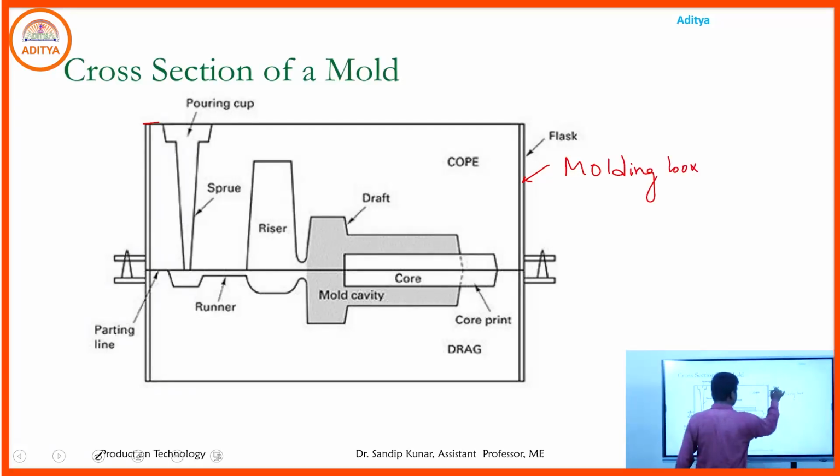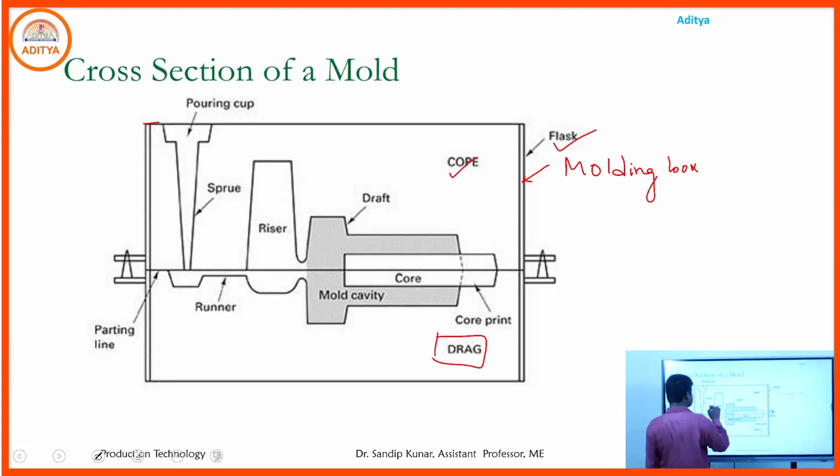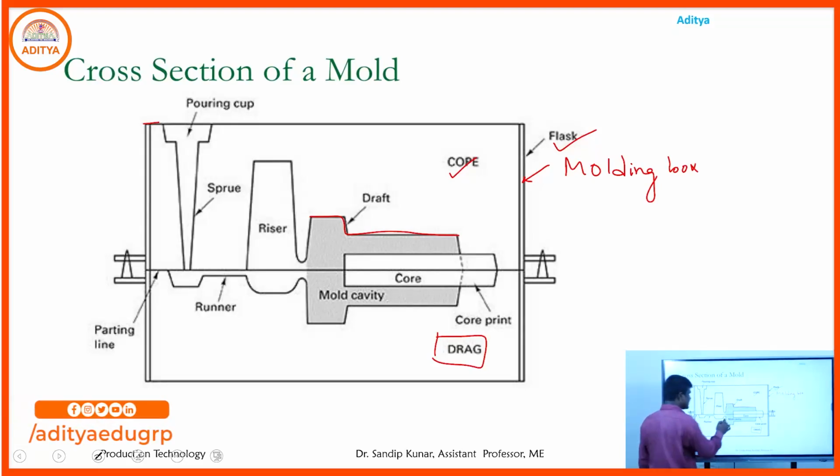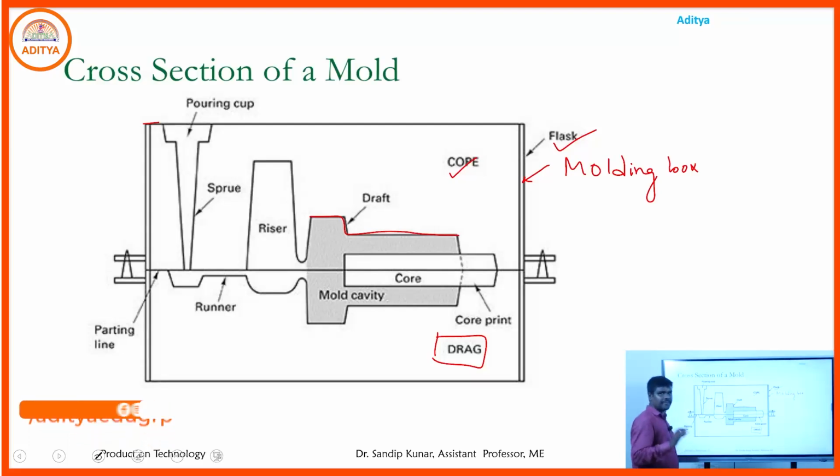In the molding box, the upper part is called the cope and the lower part is called the drag. That is the mold cavity, which is prepared as per the pattern shape.